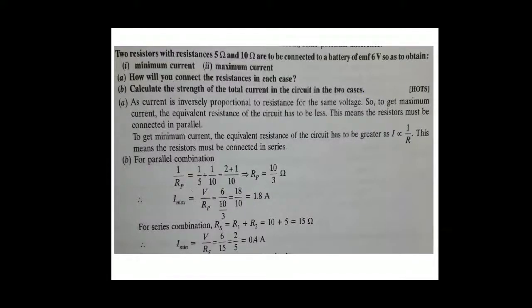In parallel combination, 1 by Rp is 1 by 5 plus 1 by 10. Taking LCM, we get 3 by 10, and Rp will be equal to 10 by 3, because 3 by 10 is the reciprocal of resistance.